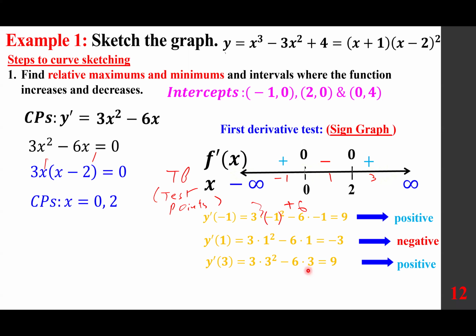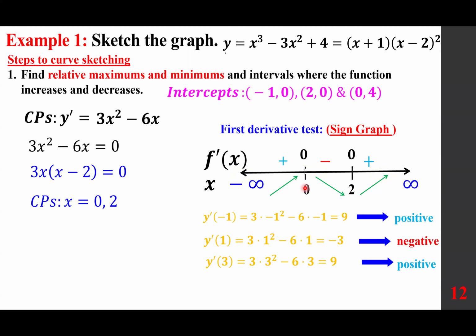I'm going to erase my work, everybody, and I'm going to throw in arrows, arrow up for positive, arrow down for negative, because it makes it easier to see. Arrow up and down, local max at x equals 0. Arrow down and up, local min at x equals 2.